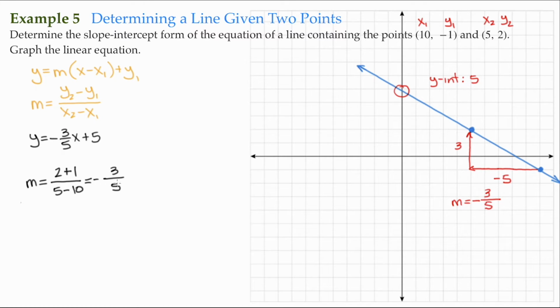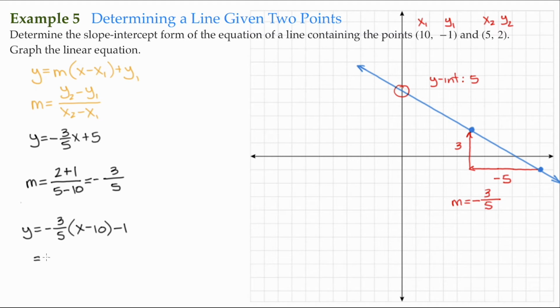So now that we have our slope, we can use our point-slope form to come up with the slope-intercept form of the equation. So y is equal to m, which is -3/5, times x minus, now you can take either one of these. It doesn't matter. Just because we designated this one x₁, y₁ doesn't necessarily mean we have to use it. We can use either one. But we'll use it anyways. So x₁ is 10, plus y₁, that's negative 1.